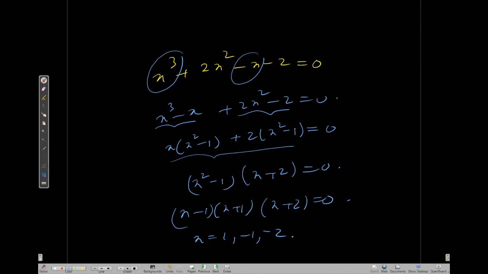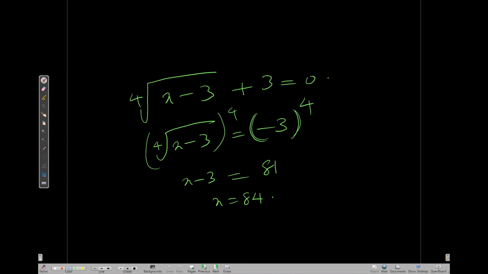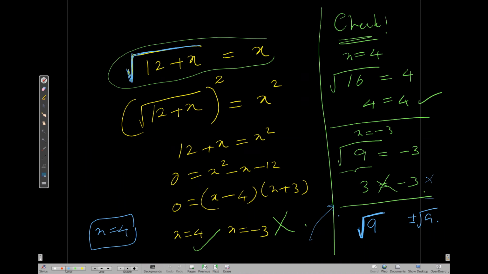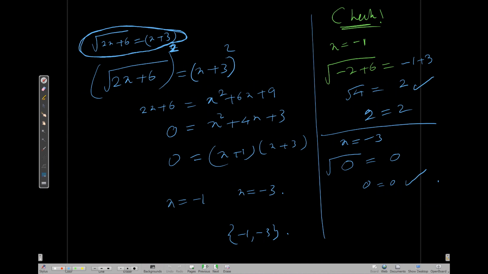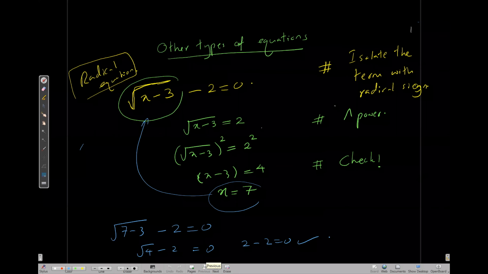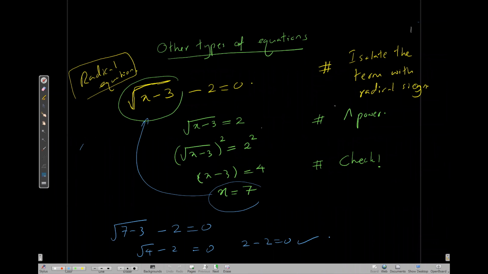So there is no particular way other than this. Let me show you the radical equations. The first thing that you have to do is isolate the term with the radical sign, then raise it to the required power. For example, let's say 2x minus 5, you had here a 2 over 5th power.